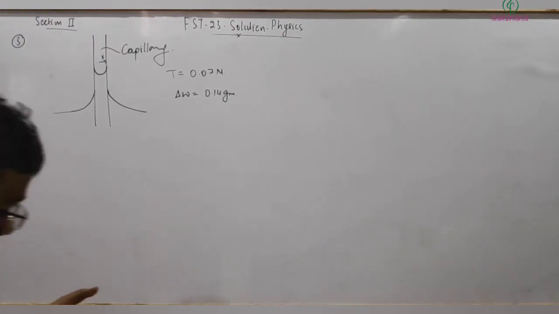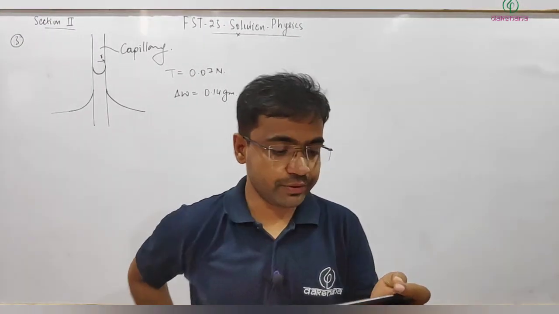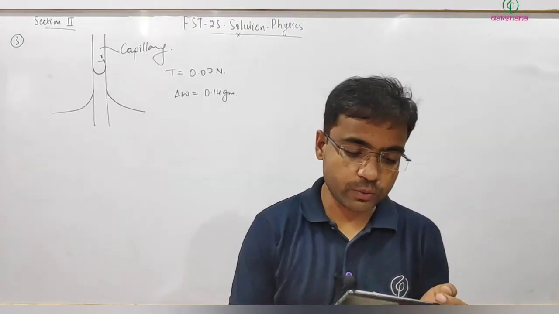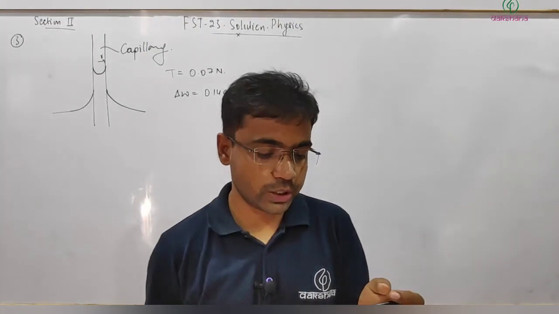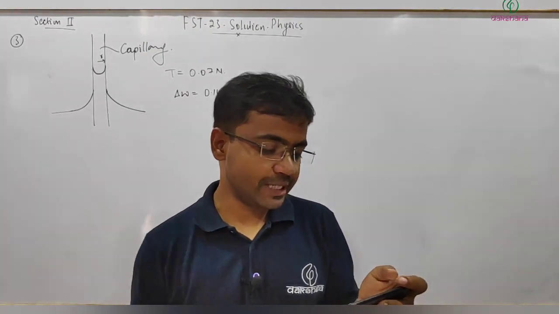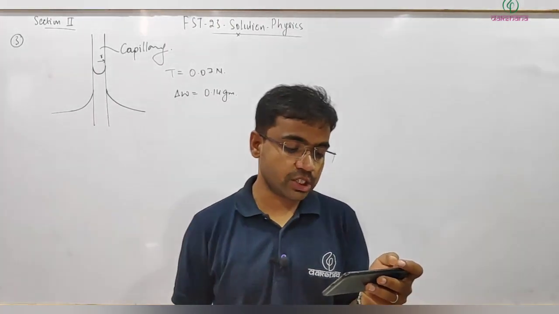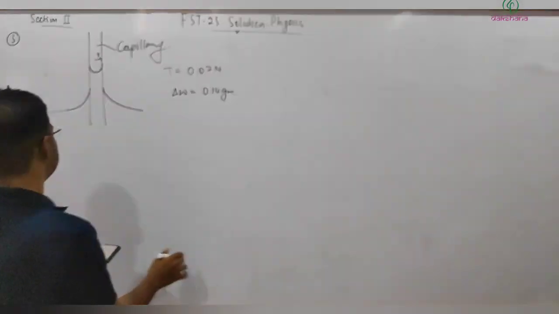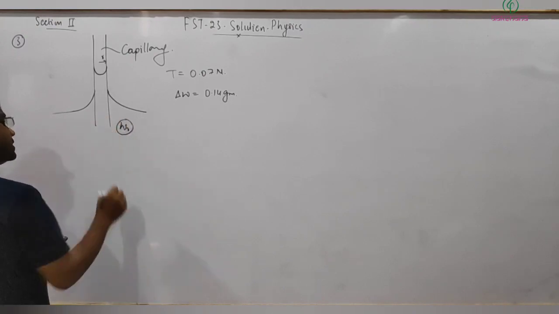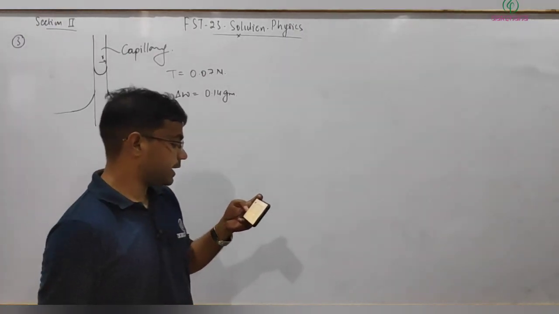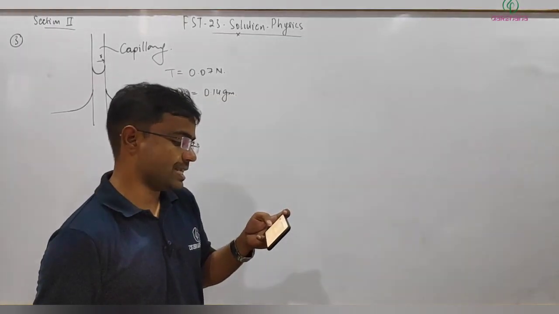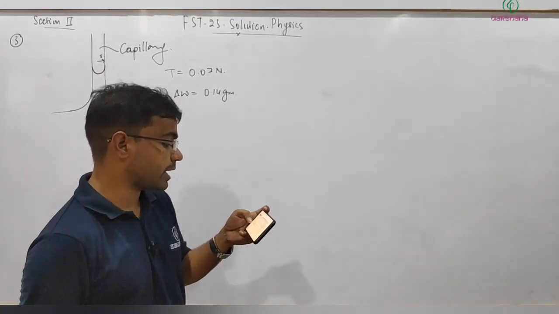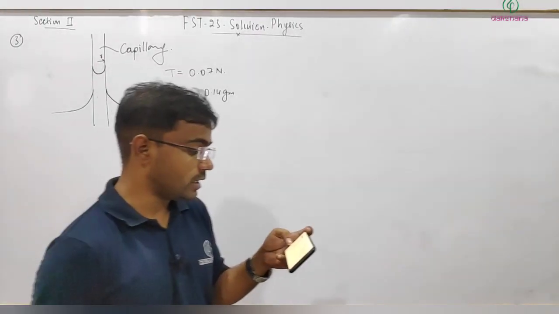Okay, next, question number 3. A capillary tube with a very thin wall is suspended vertically in a cup containing water. Before the capillary is suspended, the cup was balanced against a weight on some beam, so let's say it was balanced against some W0 weight. Now when the capillary is dipped a small distance in the water, water rises in the capillary, and water completely wets the capillary walls.